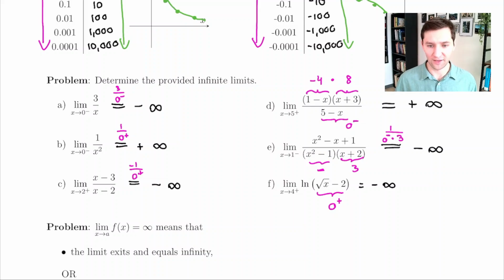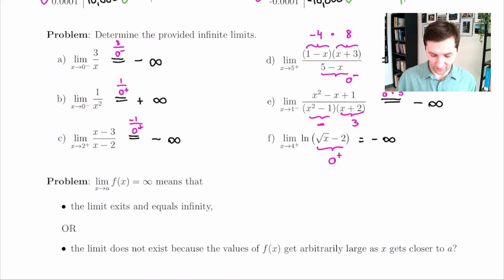There's just one more thing I want to mention. When we write the limit of f of x as x goes to a equals infinity, does it mean that the limit exists and equals infinity? Or does it mean that the limit does not exist because the values of the function get arbitrarily large as x gets closer to a? The answer is that the first is false and the second is true.